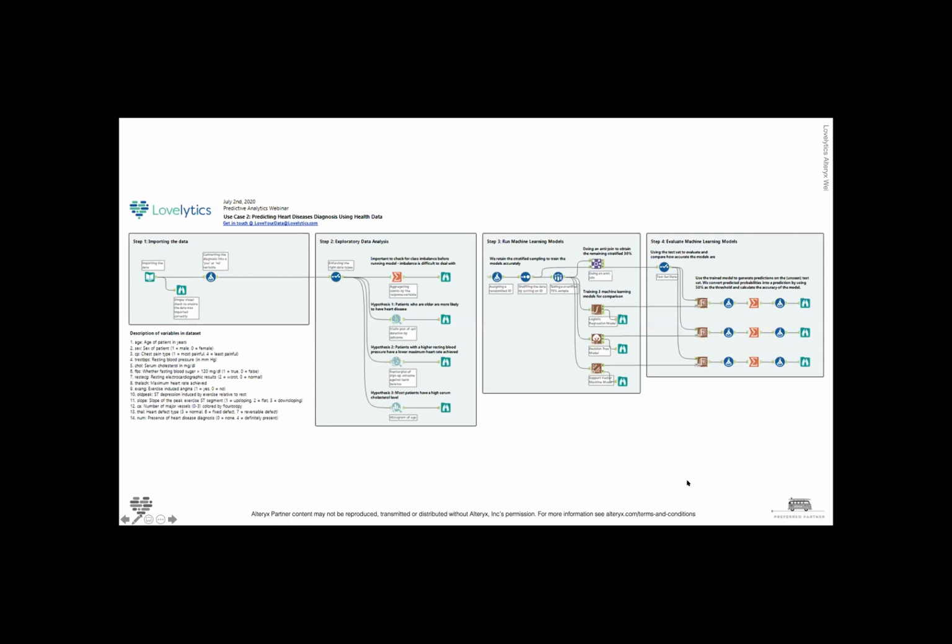All right, so here is what the workflow for today looks like. Let's look at it on a high level before we actually dive in. As you can see, I've broken it down into 4 different sections. And if you pay attention, these 4 sections map to the steps that we talked about earlier.